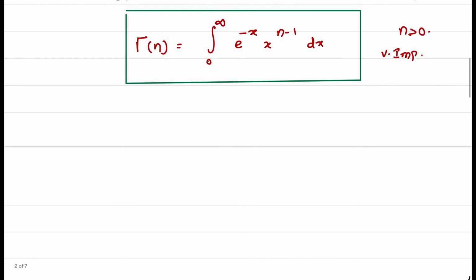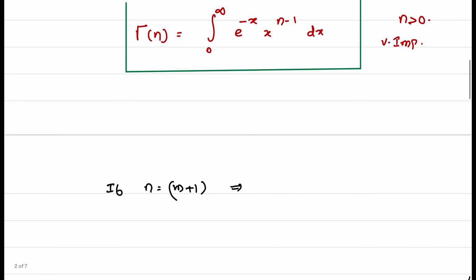Let us try to manipulate this function. If n is replaced by some value m plus 1, where m is also any positive real number, then what happens?